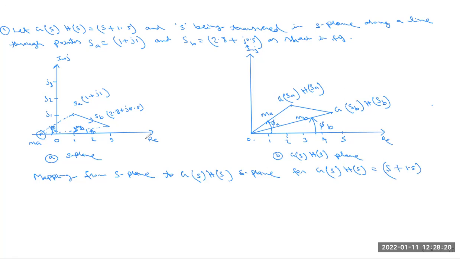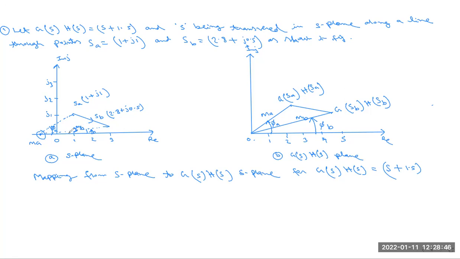Okay, so now you can see this is the imaginary axis and this is the real axis. We have to represent first the one that is SA, for which the value is given here, 1 plus J1, and another one is SB, that is 2.8 plus J0.5. So this is MA and this is the position of MB.